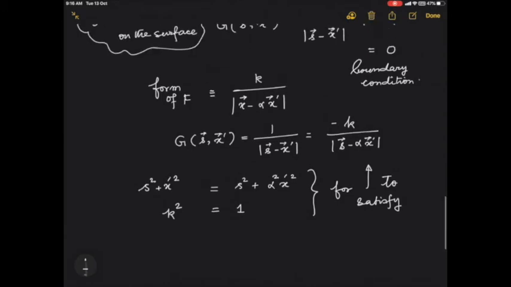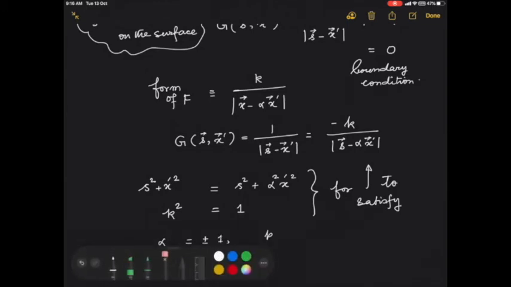So what do we get here? What we get here is that alpha square is 1, so alpha is plus or minus 1, and k is also plus or minus 1.